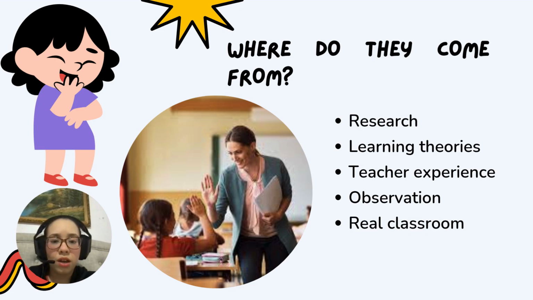In addition to that, the text mentioned that the teacher's own experience is very important because they learn from what happens in real classrooms. For example, they can see what activities work well and which ones do not. Observation and practice also play a role since teachers improve over time. So, in general, the principles are a combination of theory and real life teaching experience.